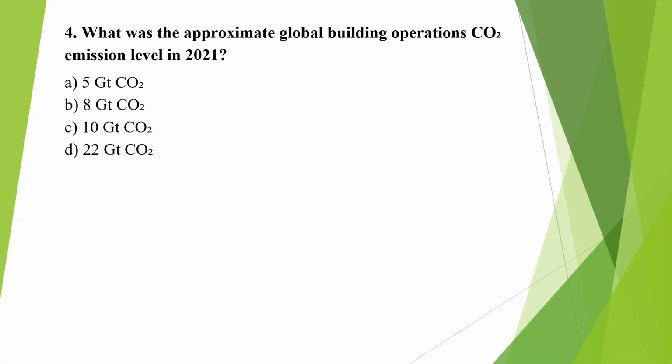What should be the correct answer? For this, you can refer to slide 5 again. There it was discussed and mentioned clearly that as per 2021 data, the building operational CO2 was how much?